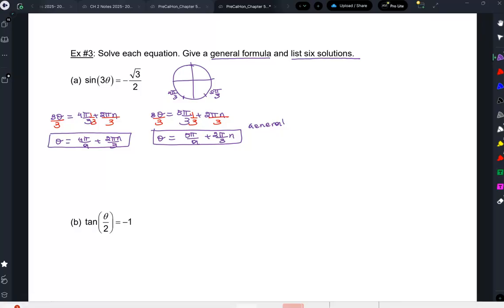If you have 2 equations, you could just do 3 and 3. So what we're gonna do is this. We're gonna say, okay, n equals 0, n equals 1, n equals 2, for both of these. So when n equals 0, theta equals 4 pi over 9 plus 0. When n equals 1, theta equals 4 pi over 9 plus 2 pi over 3.